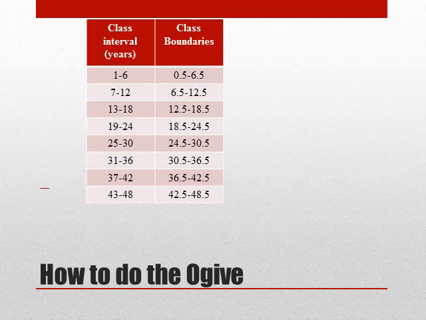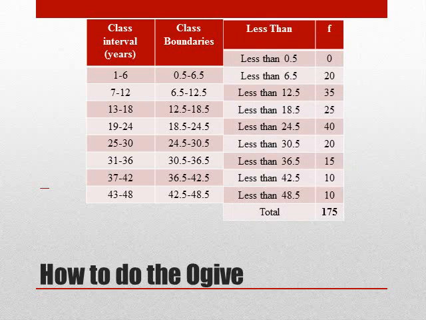The next thing that you need to do is the less than column. It is very important for you to clearly understand this, because if you misunderstand it, you will make a wrong graph of Ogive.